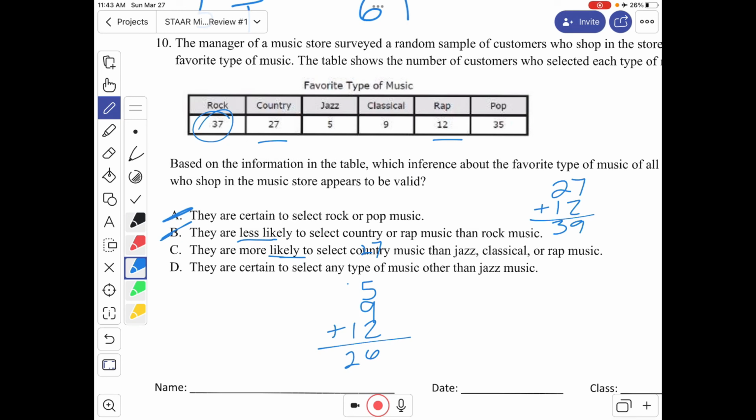Are they more likely to select country? Yes, according to this survey, those three are less than 27. D states they are certain to select any type of music other than jazz. Again, certain means there can't be any other options, and I can see there are other options than jazz. So the correct answer is C.